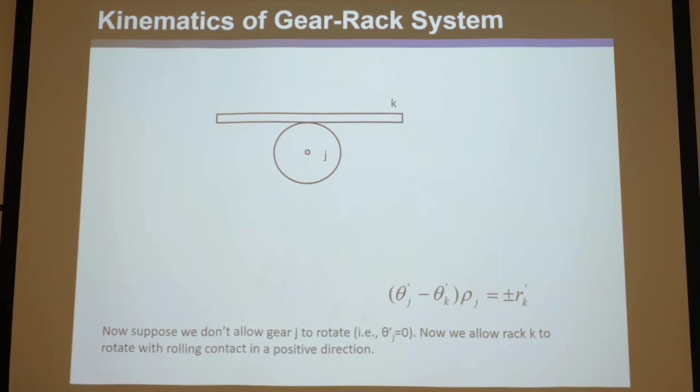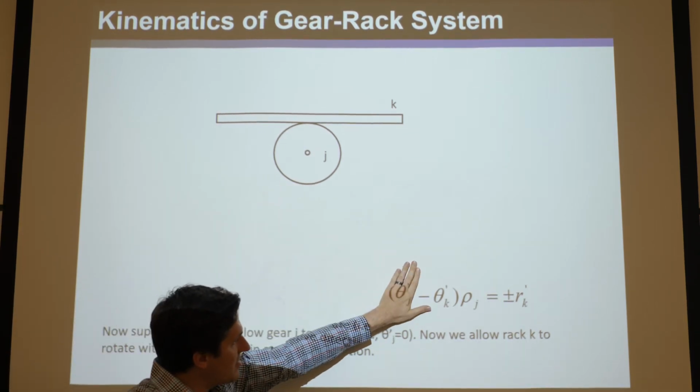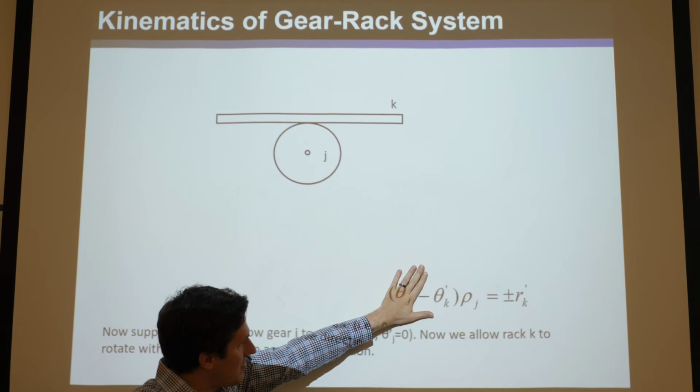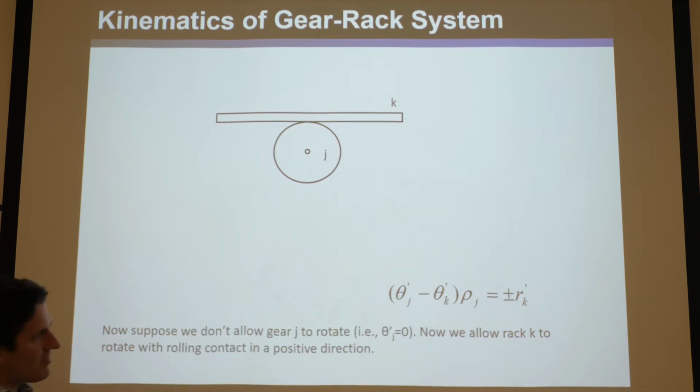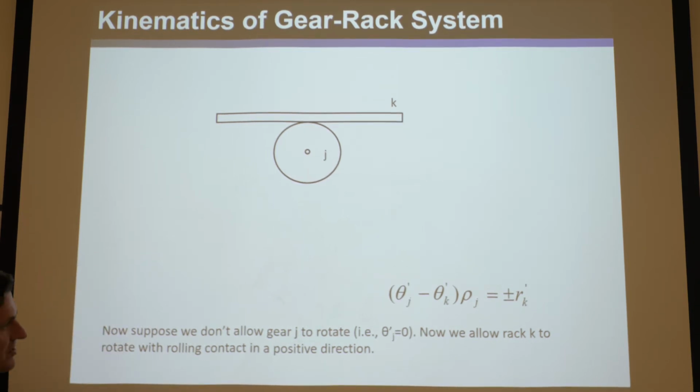Okay? So now let's look at a different scenario. Now suppose we don't allow gear J to rotate. So this whole thing's fixed. And so the angular velocity of this basically is 0, or the first order kinematic coefficient is 0. And now we're going to allow K to rotate in a positive direction. Okay? So we're going to keep theta K prime positive.